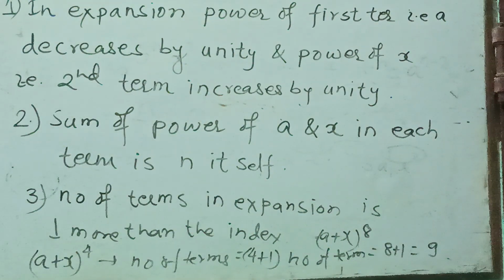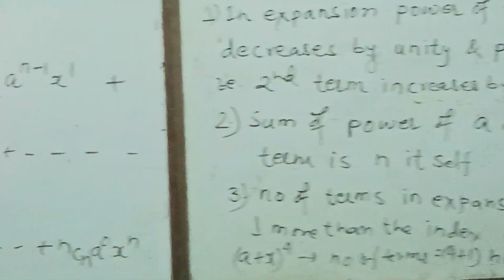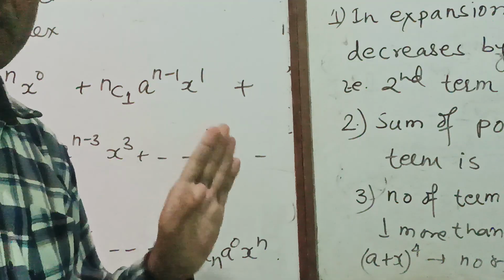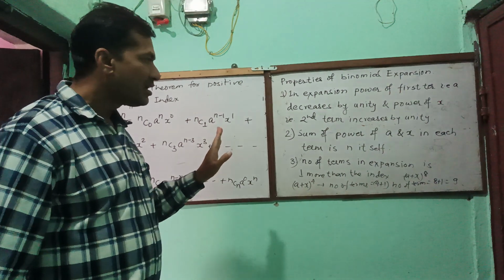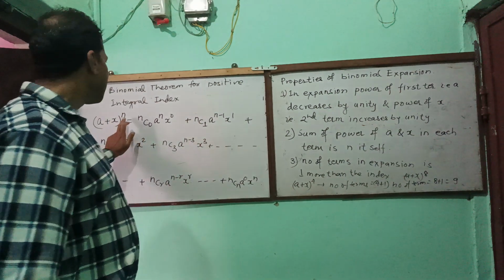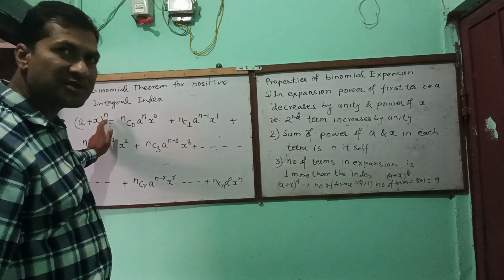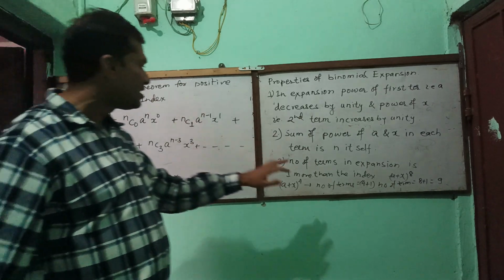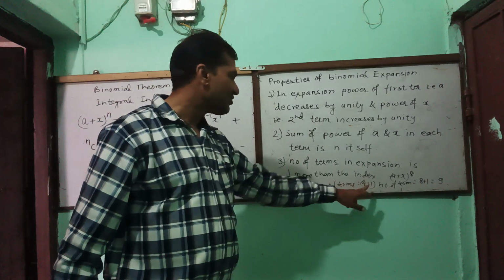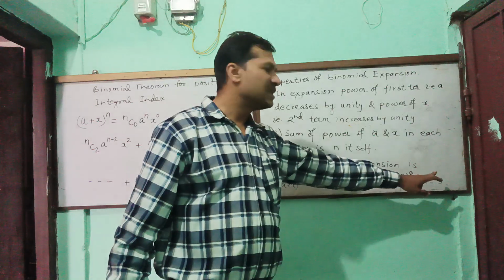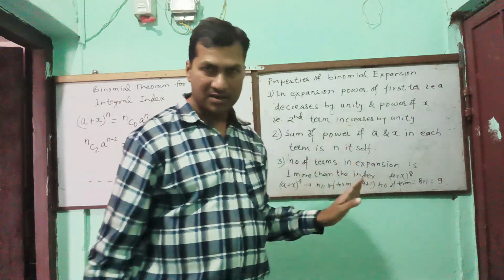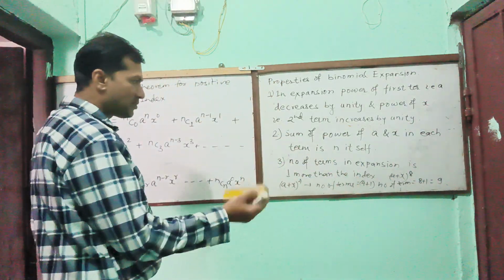So in each expression, the number of terms is one more than the whole index. Means if the index is n, then the number of terms is n plus 1. Index is 4, then the number of terms is 5. Index is 8, then the number of terms is 9. So this is the third property.